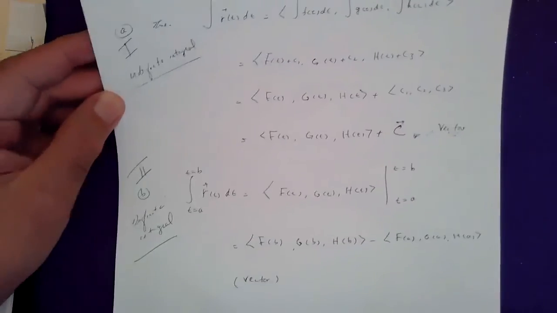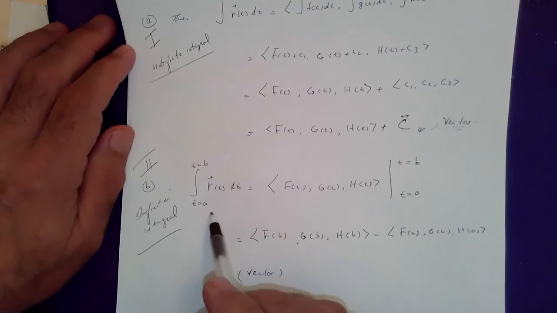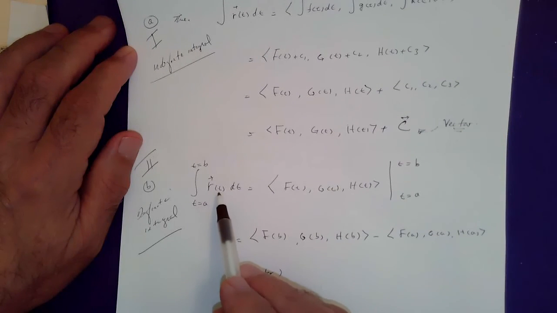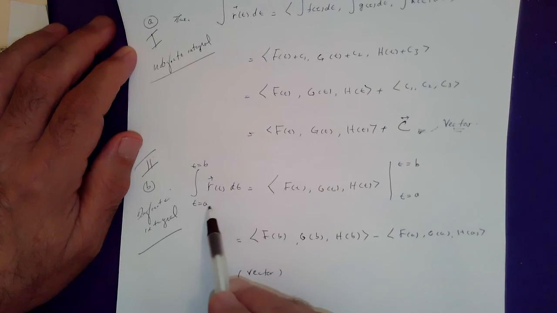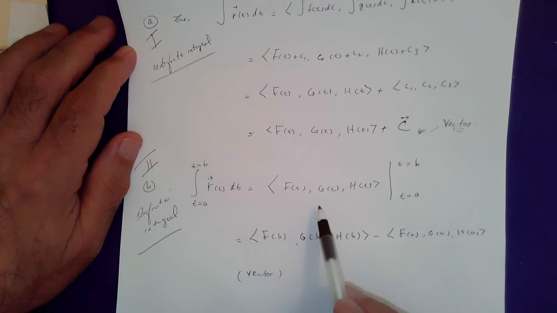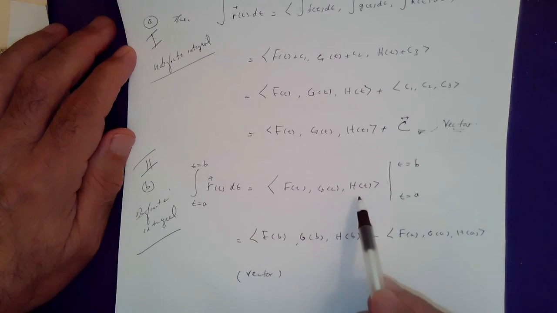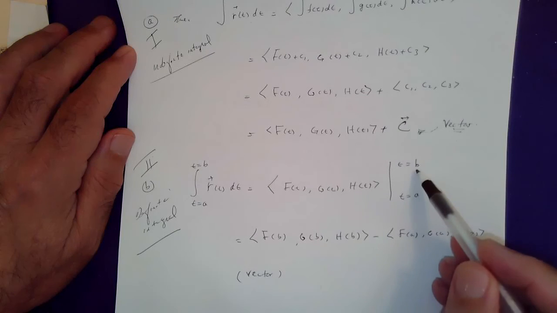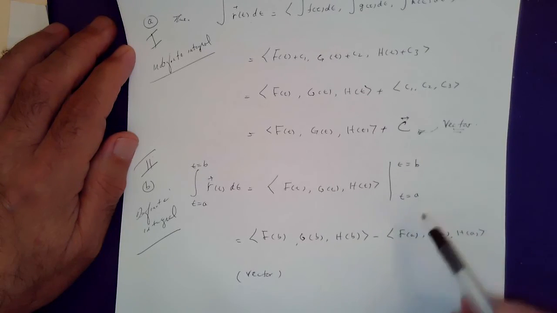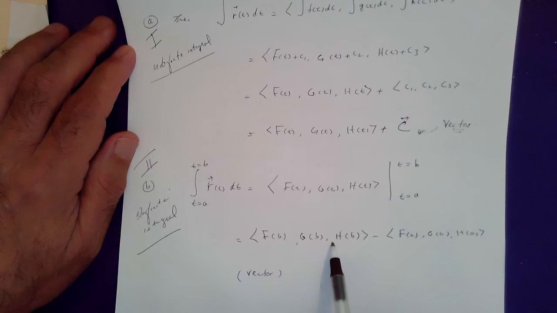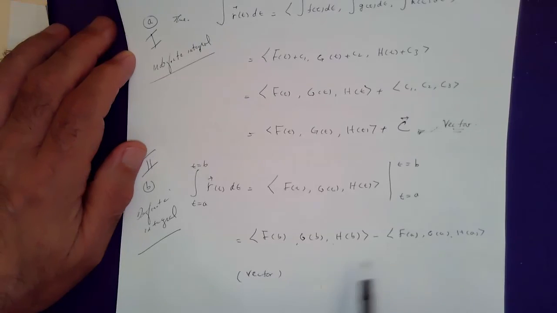In case you have a definite integral, like let's say evaluate the integral of r of t dt when t goes from a to b, get the antiderivatives, there's no need for c. Evaluate this between what? Upper and lower limit. First you evaluate it at the upper limit, minus evaluate it at the lower limit.